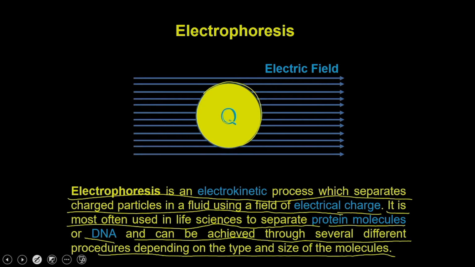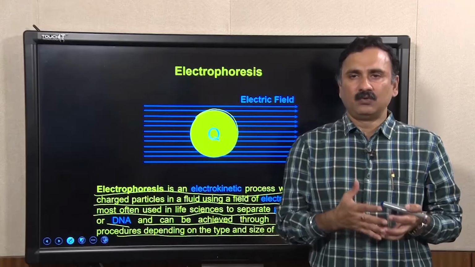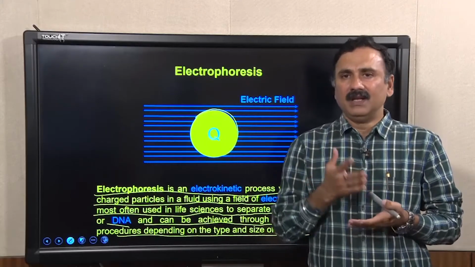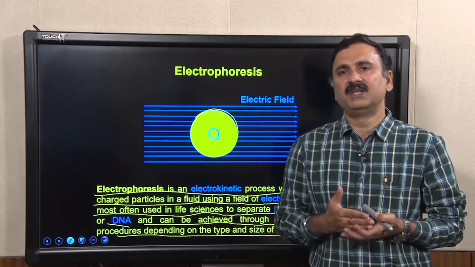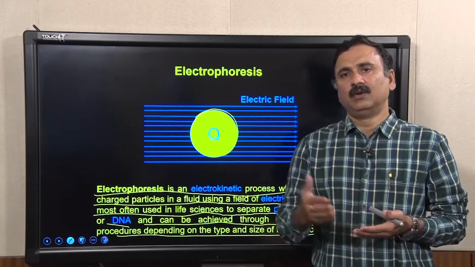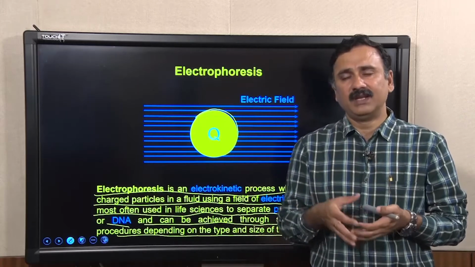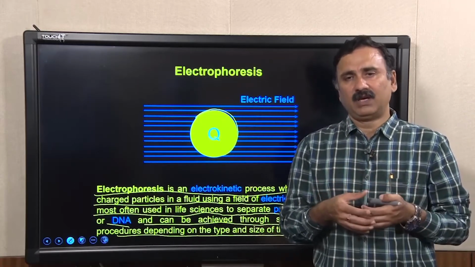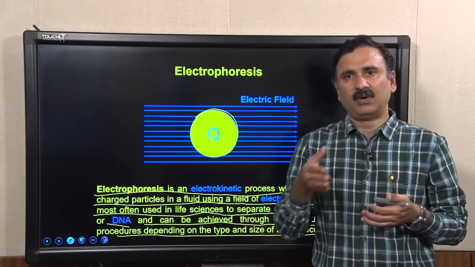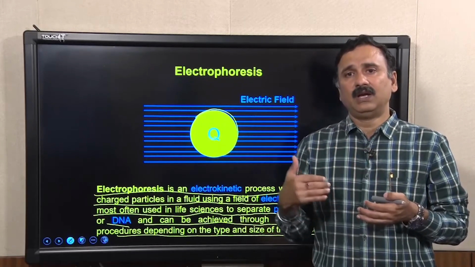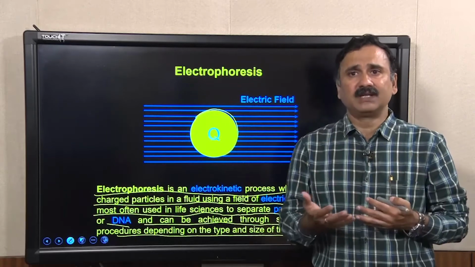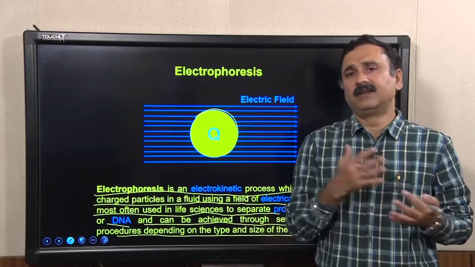Before getting into the details of how to perform electrophoresis, let us first discuss the basic principle, so that you can understand each factor influencing the movement of the molecule within the electric field and utilize those factors to bring about better separation.